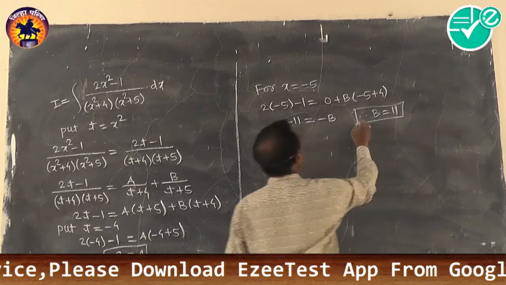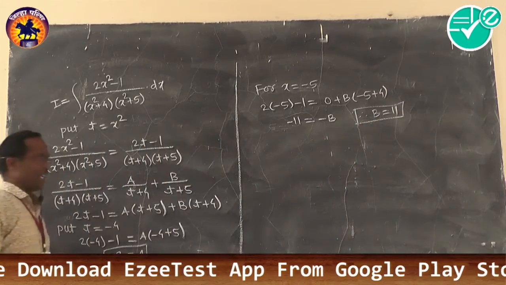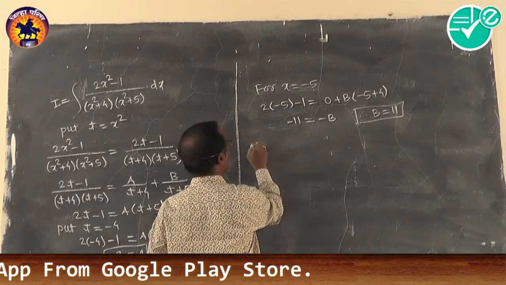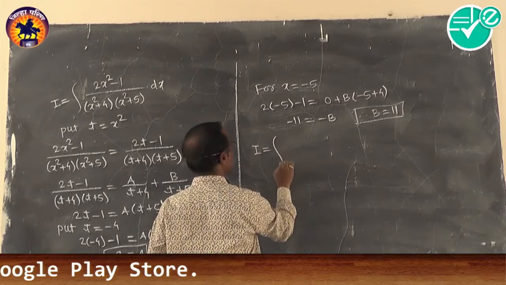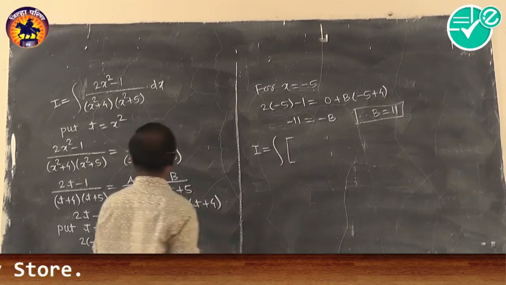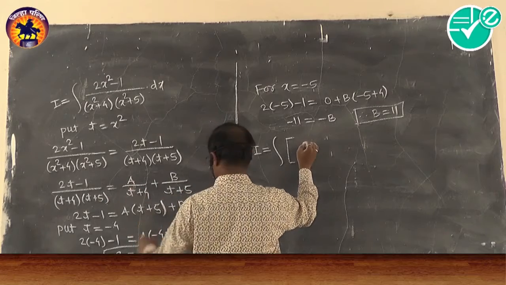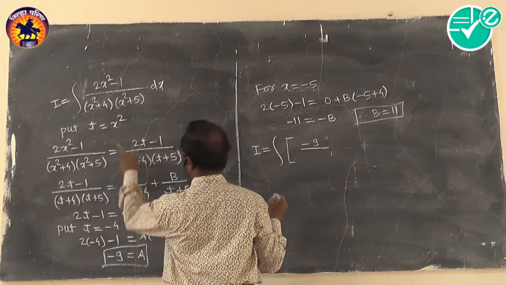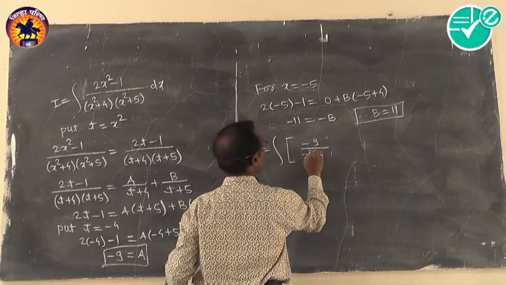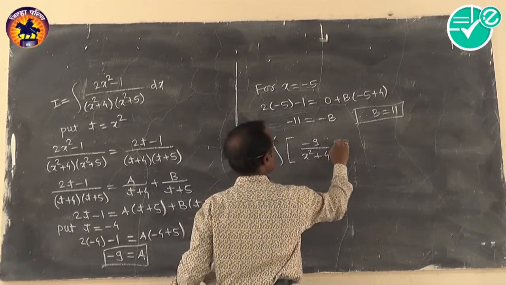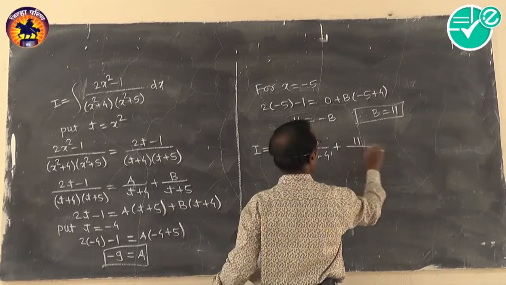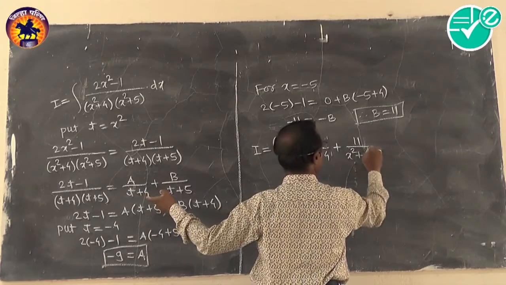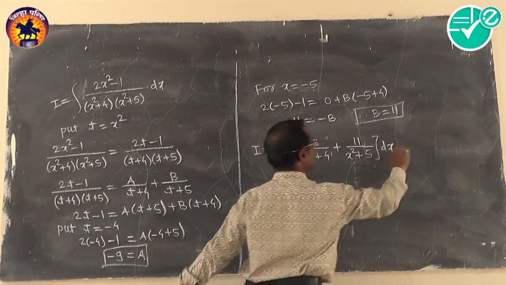The value of a is minus 9 and the value of b is 11. Now simplify this. I can be written as integral of minus 9 upon t plus 4, where the value of t is x square plus 4, plus 11 upon t plus 5, where the value of t is x square plus 5, into dx.